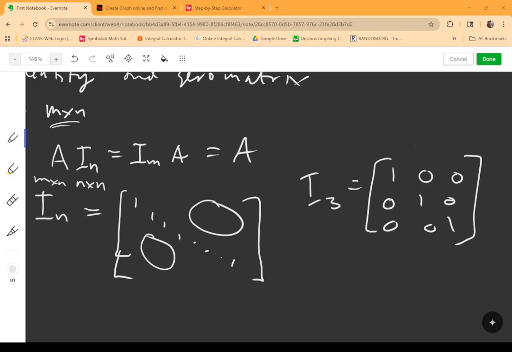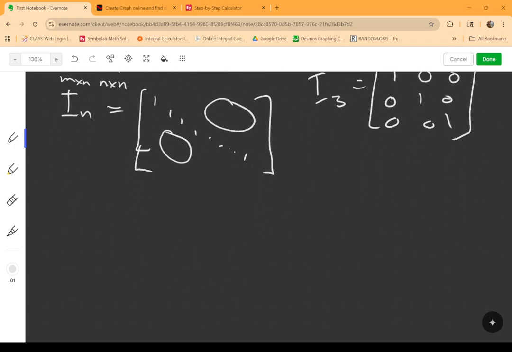And we also have a zero matrix here, and that is when you multiply a matrix by the zero matrix, then the resulting matrix is just the zero matrix. Okay, so what that means is there exists here a zero matrix, right?